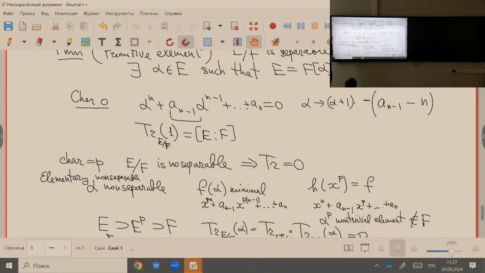But anyway, the problem is that when this coefficient is 0, still the polynomial is separable, but in order to make this polynomial non-trivial, you have to add some powers to alpha. The change should be not only a linear change, it should be a polynomial change on alpha, so that's why it is a non-trivial statement.